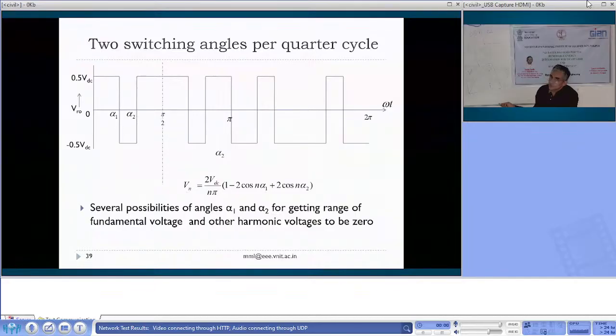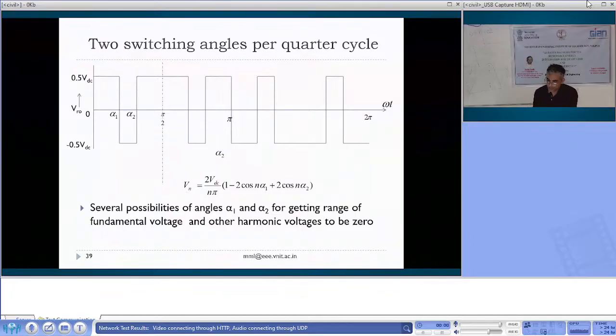If you apply the Fourier series, I will get this equation. Now I can have one fundamental and one harmonic. I can write two equations and solve for the two unknowns. So I can have perfect control over the fundamental and at least I can reduce the first harmonic, let's say the third harmonic. I can suppress it.